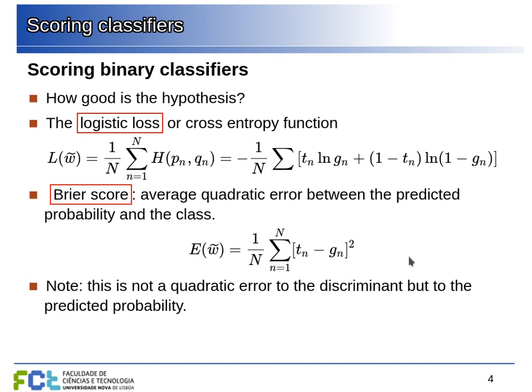So basically, we can compute a mean quadratic error between the predicted probabilities and the class labels. This is called the Brier score, and gives us a more intuitive notion of how off our hypothesis is relative to these points that we are evaluating.